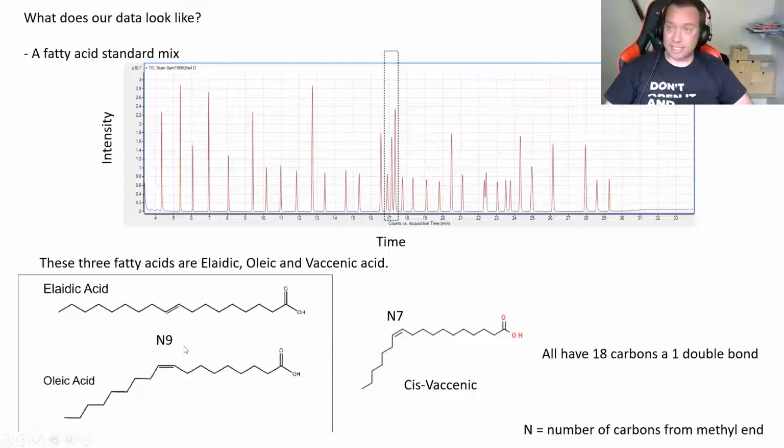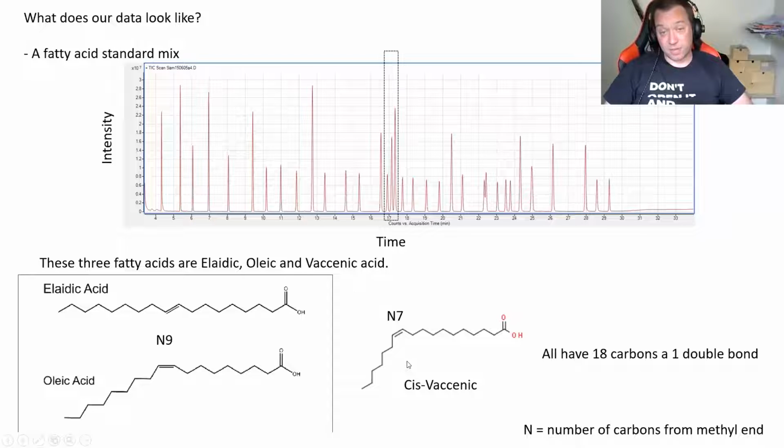Elaidic acid is a trans fatty acid, hence it's straight because this double bond is in a trans conformation. Oleic acid is C18:1n9, a cis fatty acid, so it's got a kink in it because you have the cis conformation of the double bond. And that double bond is at the n9 position.